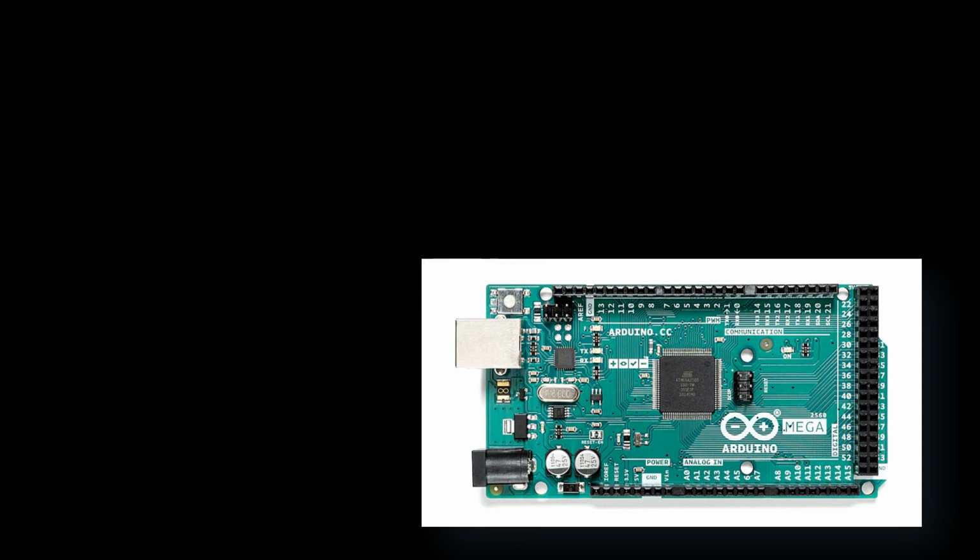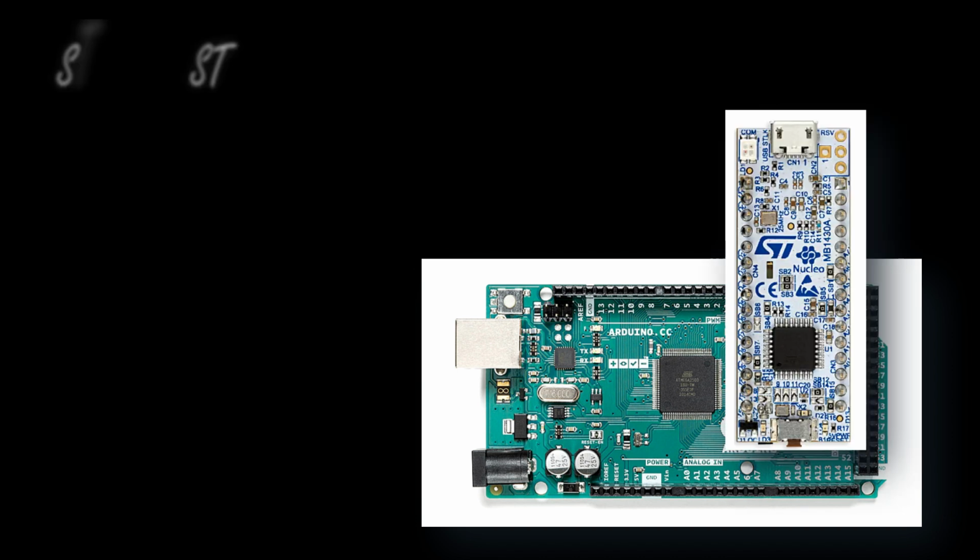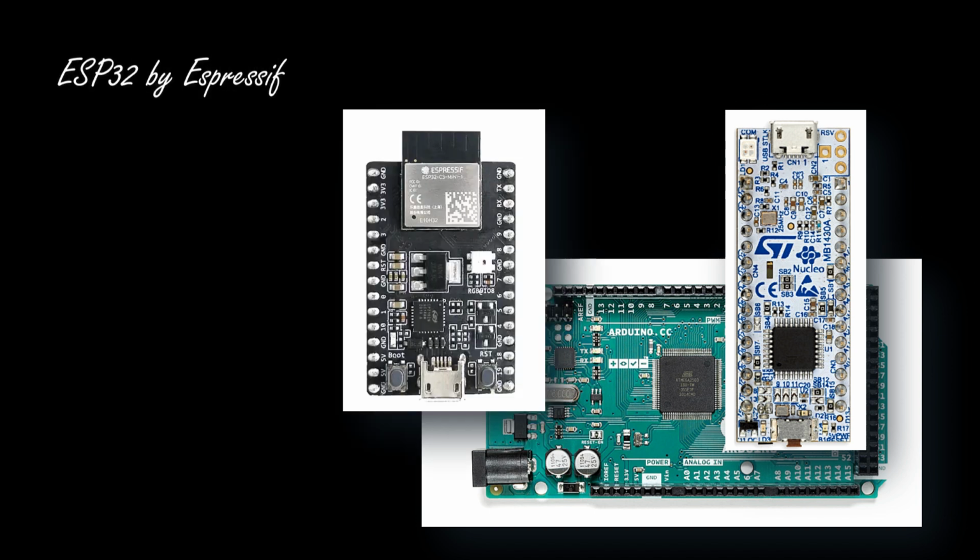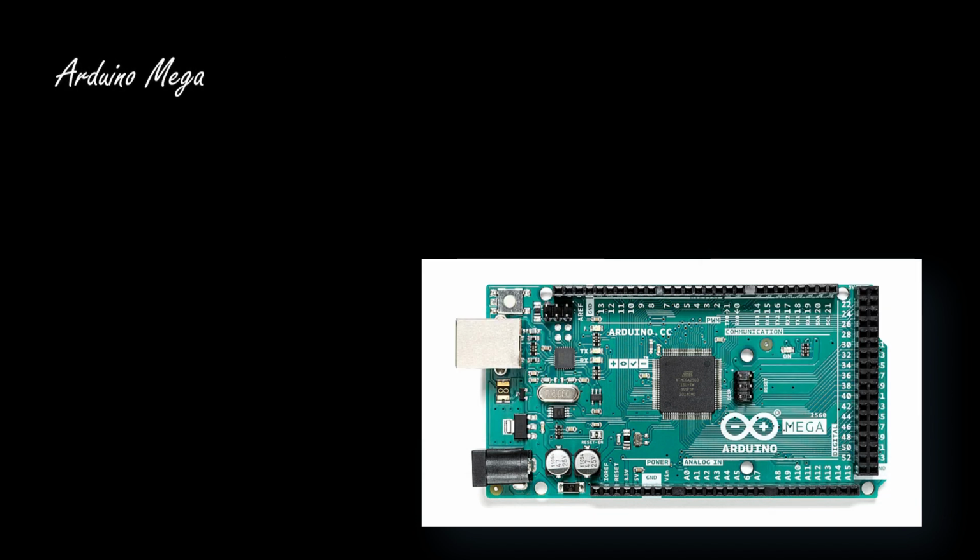As we saw in the last video, Arduino is not the only microcontroller platform. We have several. For example, we have STM32 by ST. We have ESP32 by Espressif as well. Furthermore, I have been recently utilizing Arduino Amiga for my recent projects, but again, Arduino Amiga is not the only platform available under the Arduino offering.